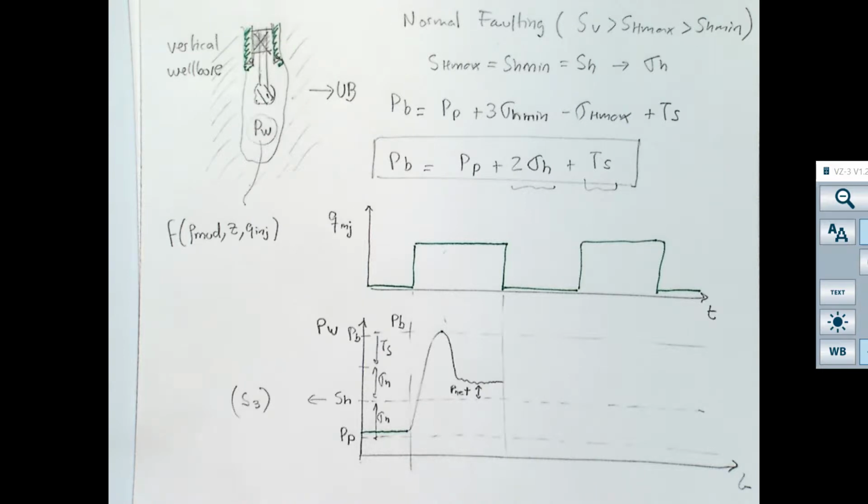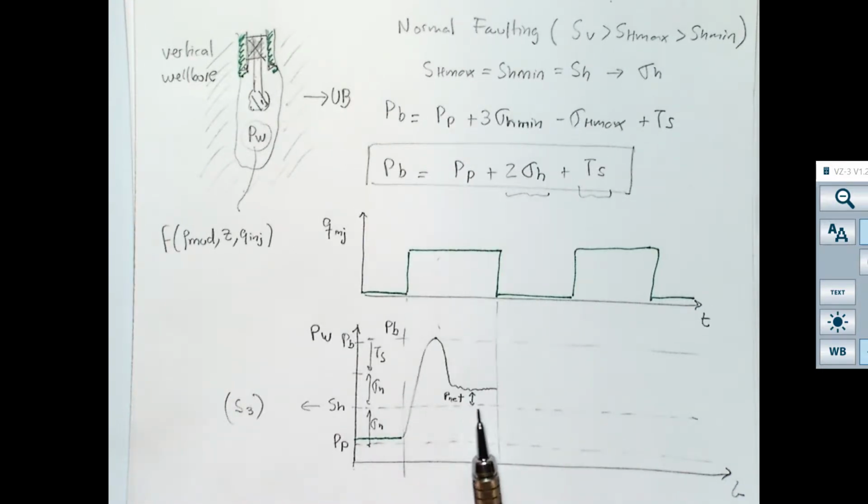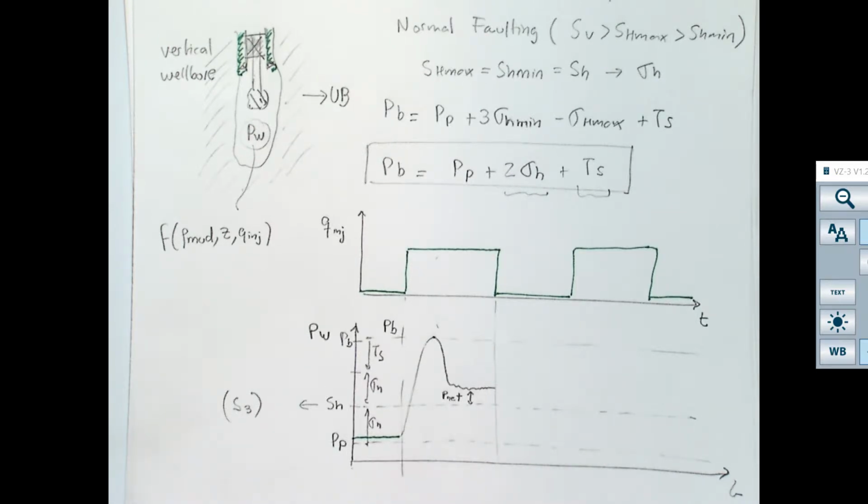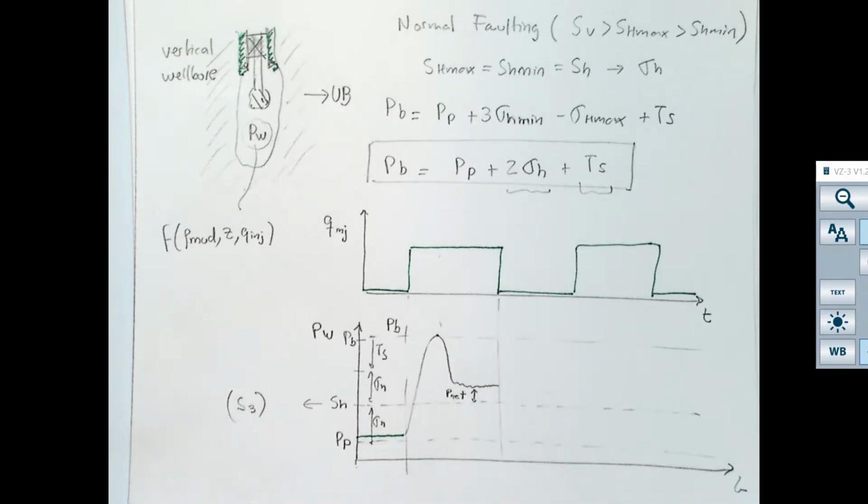So the net pressure is going to be the difference between the pressure in the fracture minus the minimum principal stress, which in this case is SH. It needs a higher pressure in order to propagate, otherwise it won't. It might, but at a very, very small rate.